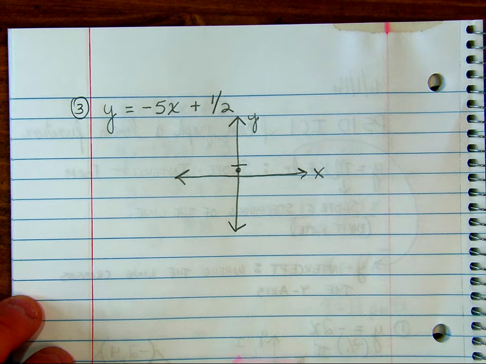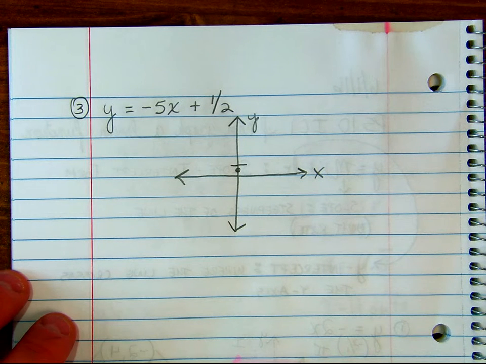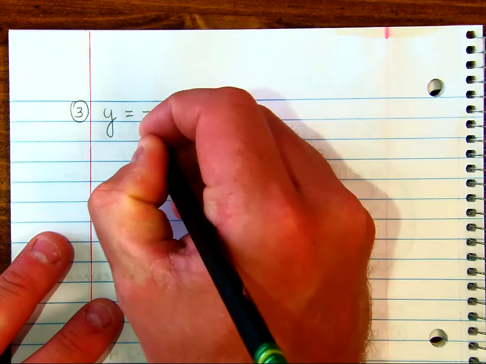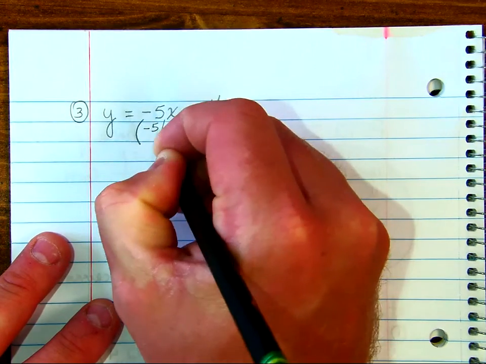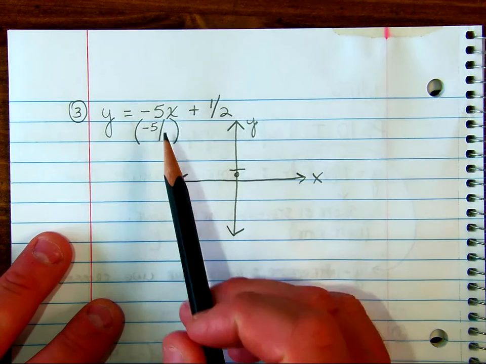Hannah, what's our slope? And how do we write that as a unit rate? Good. Change in the vertical axis divided by the change in the horizontal axis.